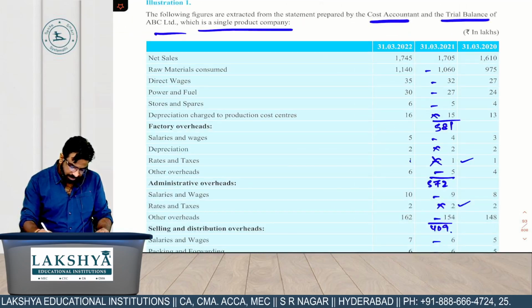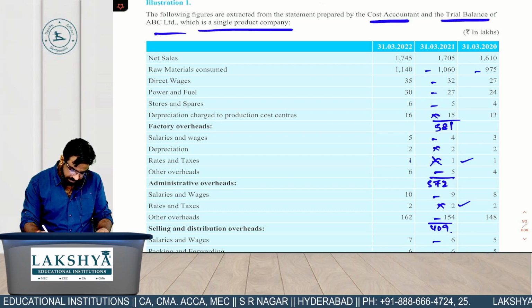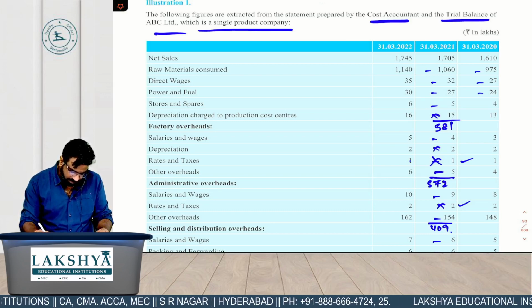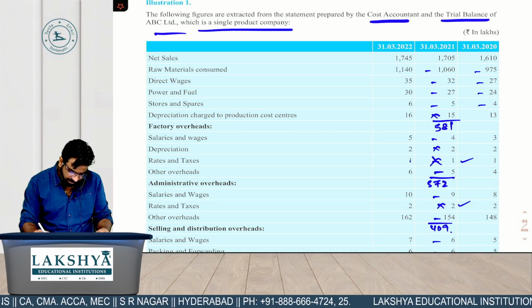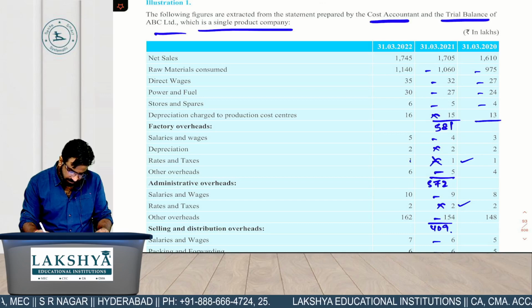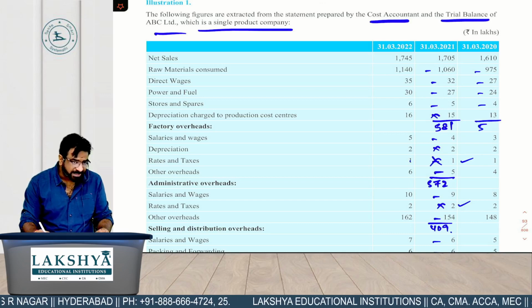1610 minus 975 minus 27 minus 24 minus 4. कितना टोटल 580.